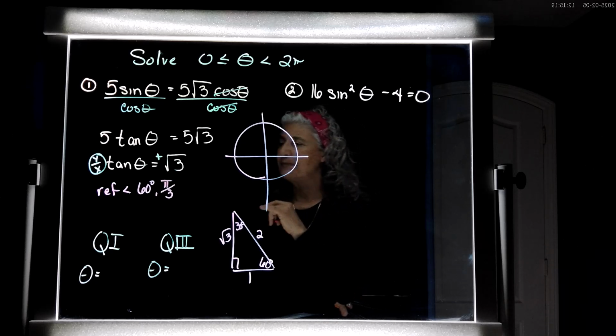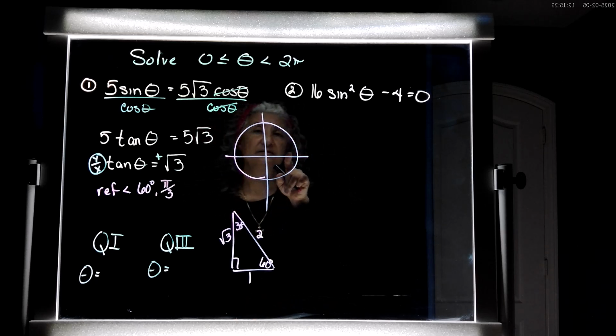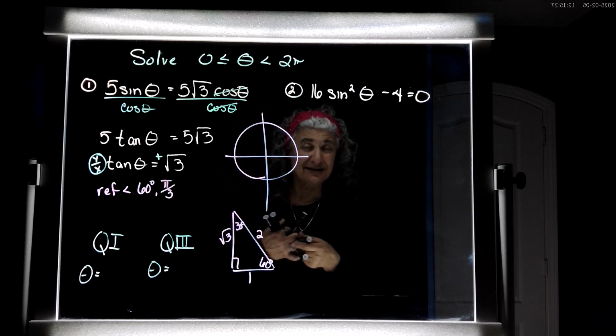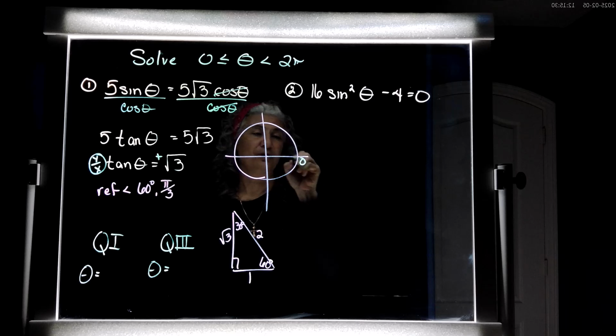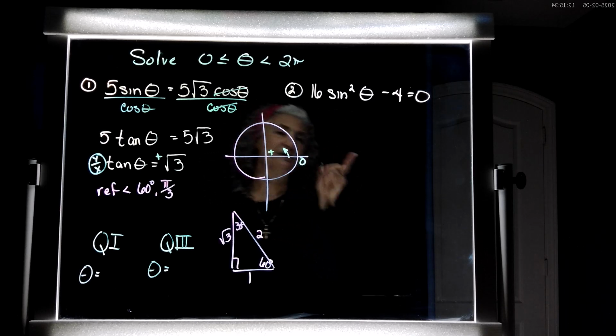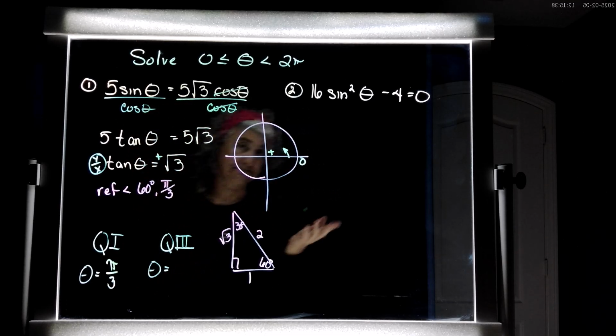Good? Okay, so I need quadrant 1, so that's technically 0 radians, and I'm going this direction into quadrant 1, which is positive by pi over 3, which is why it's pi over 3.